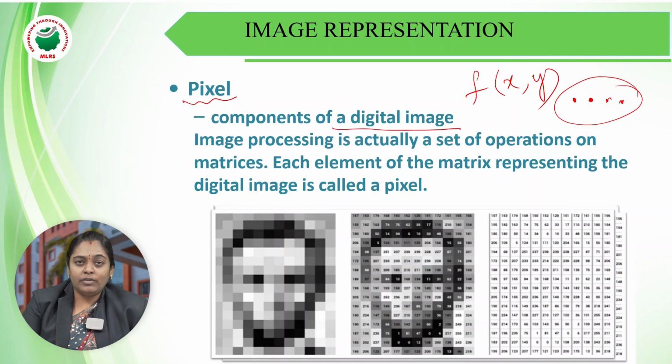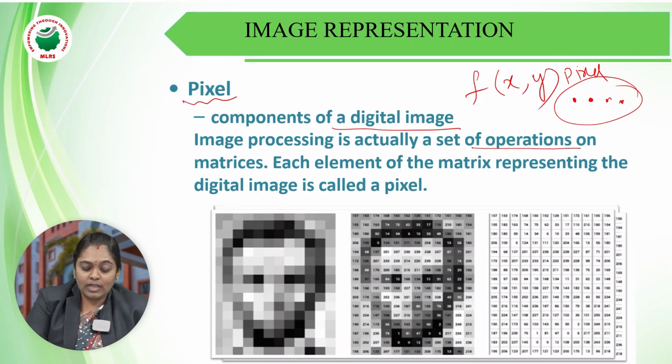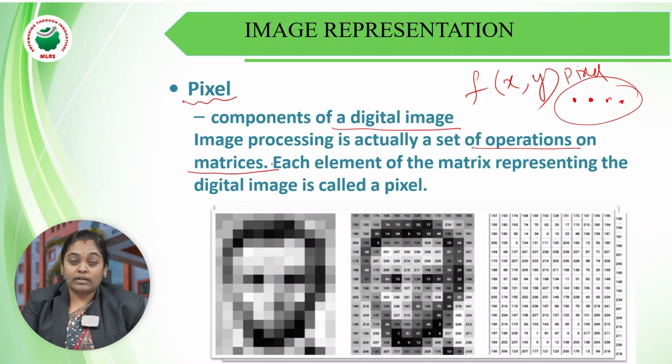We need to perform different operations on an image, and these operations can be performed from pixel to pixel or on a group of pixels. Image processing is actually a set of operations, and generally we represent the image in matrix form.